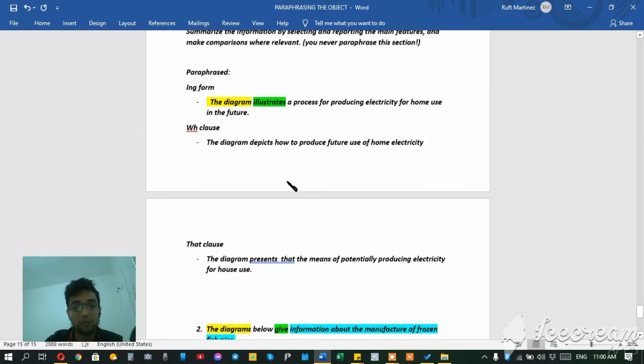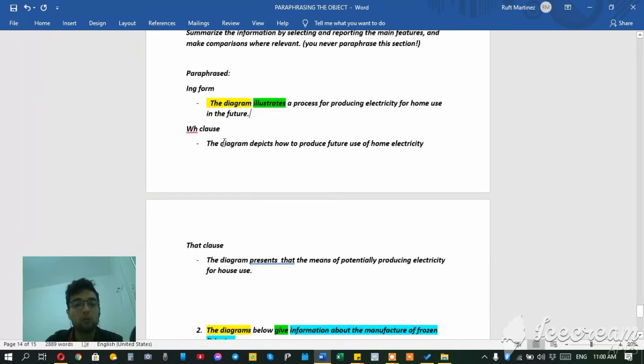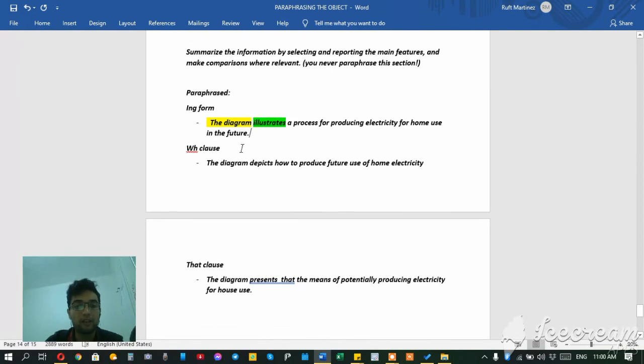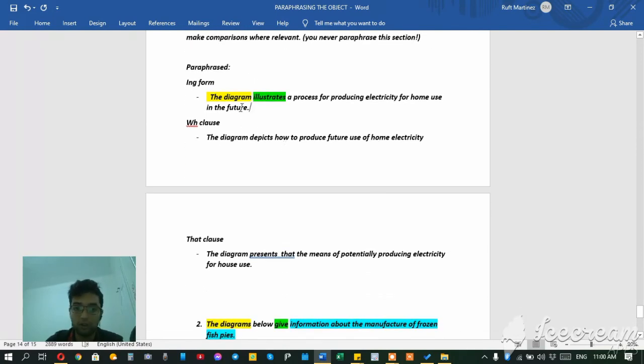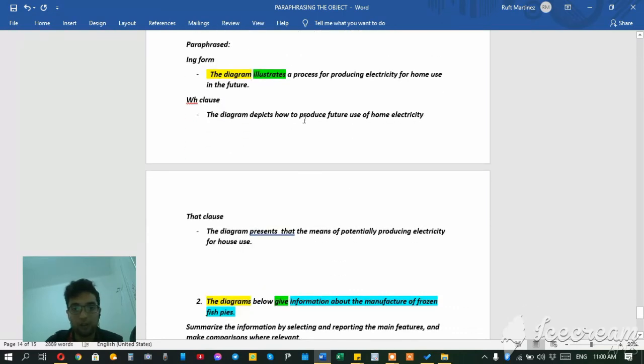So we can paraphrase the object using the ing form, the "we" clause. If you have an ing form, you must have the noun form of the verb. For the "that" clause, you also need a verb.